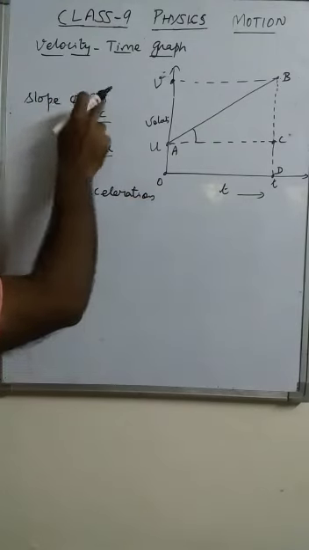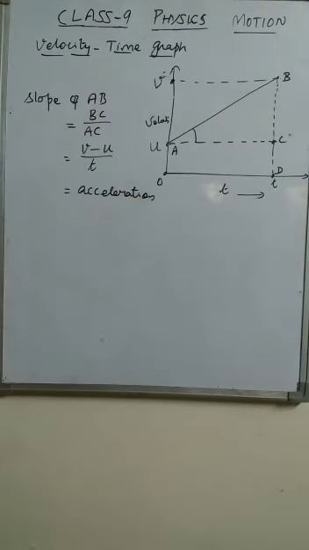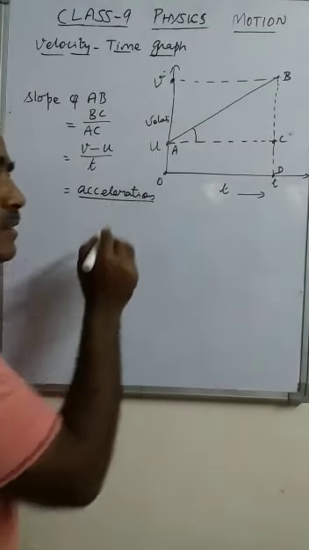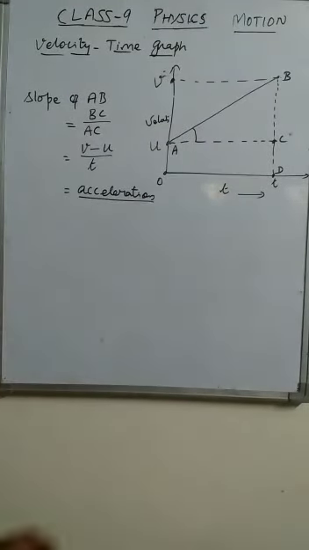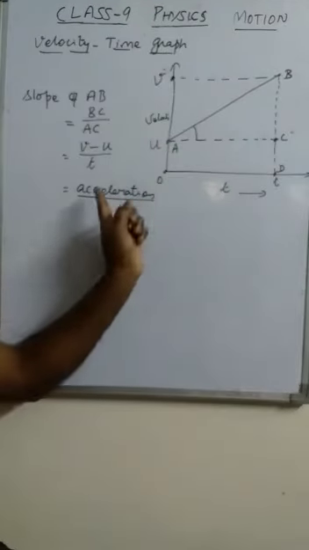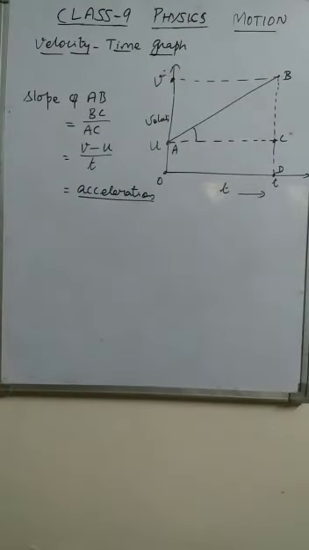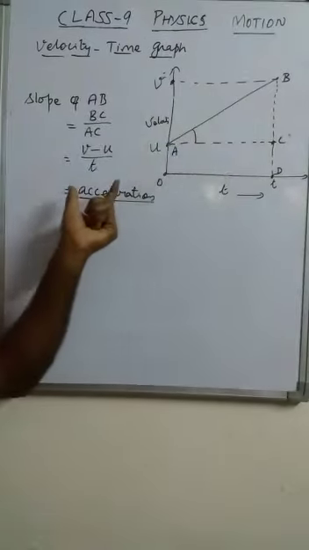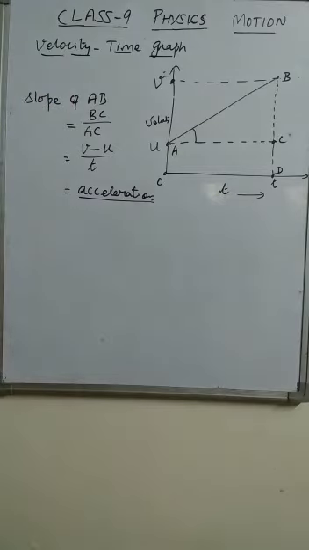So by finding the slope of the velocity time graph, we get the acceleration. The conclusion is that the slope of a VT graph always gives acceleration.